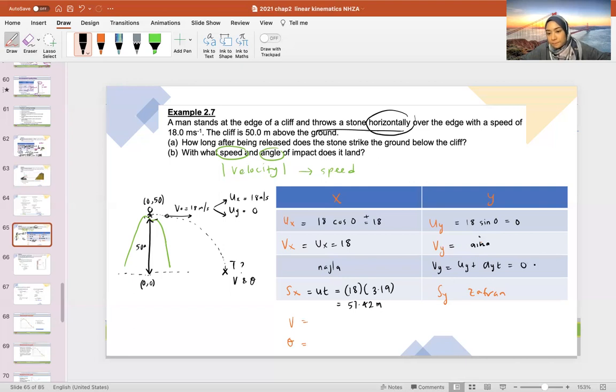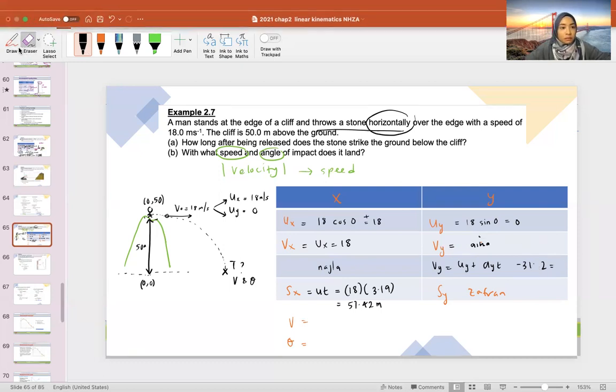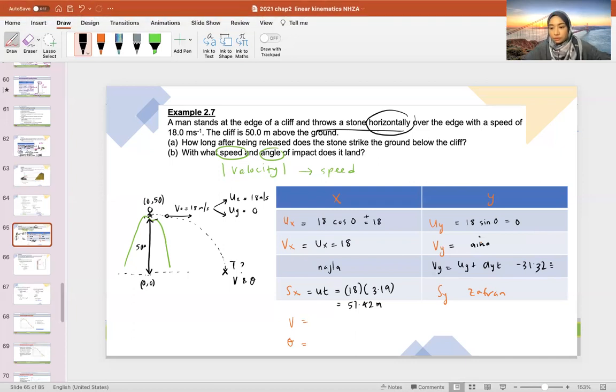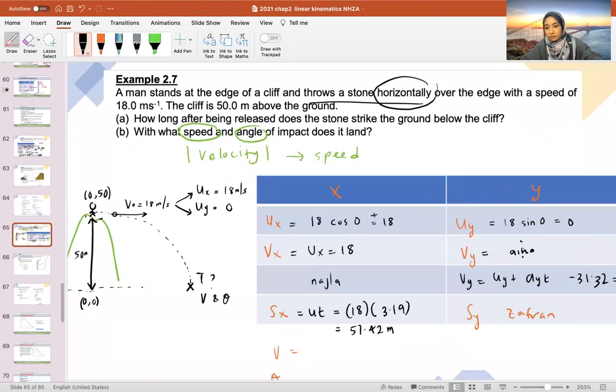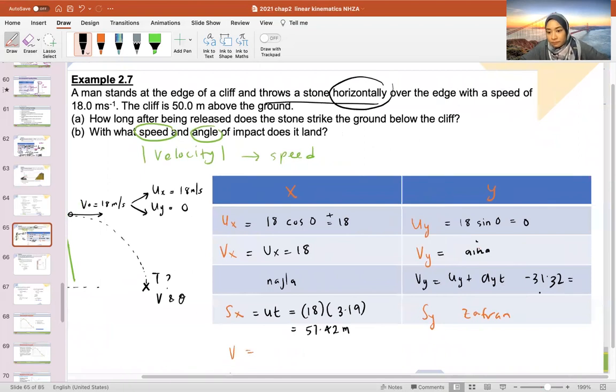Negative 31.32 equals to negative 9.81 T. So akan dapat T is 3.19.